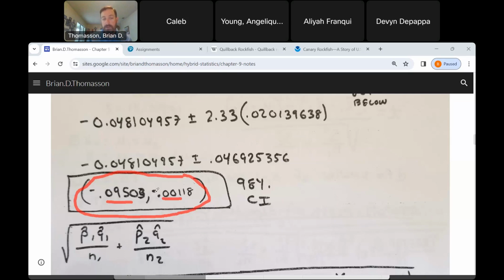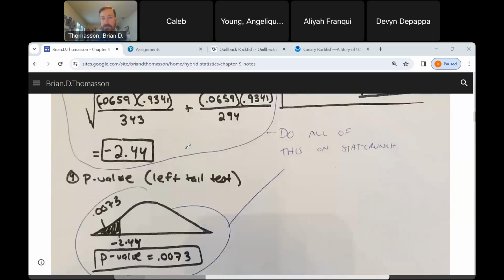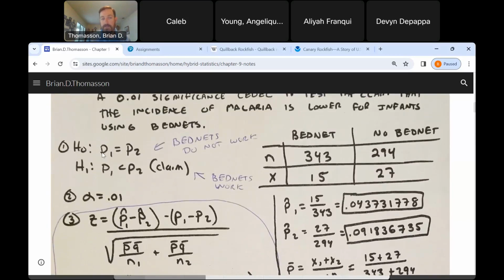And the answer they're looking for is you're looking at this confidence interval to see if 0 is in that range or not. So notice that these are both negative. Well, we assumed that these two are equal, so the difference between them would be 0.